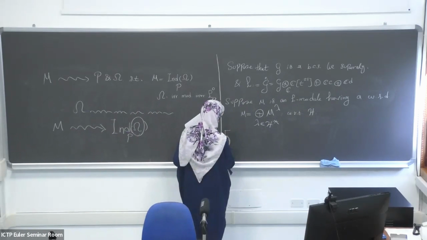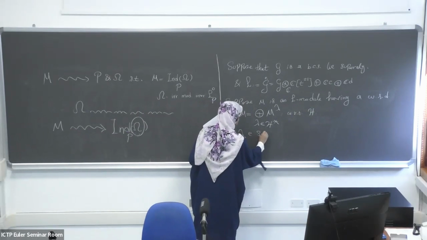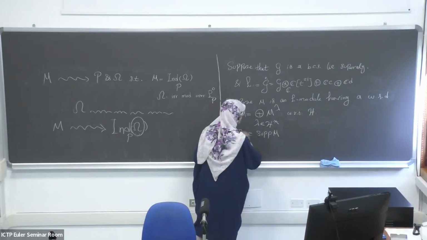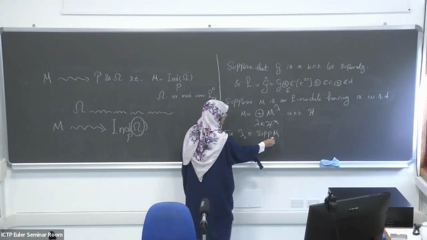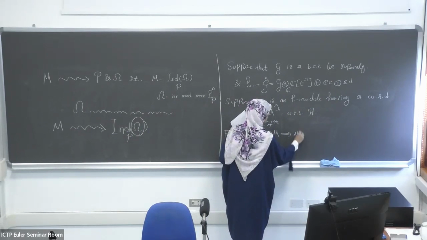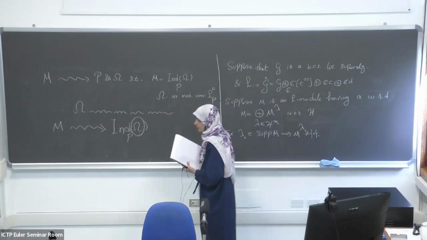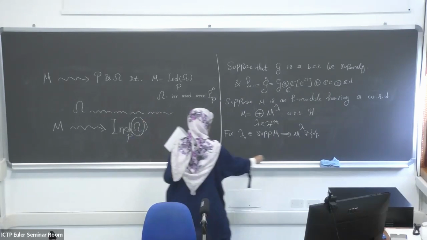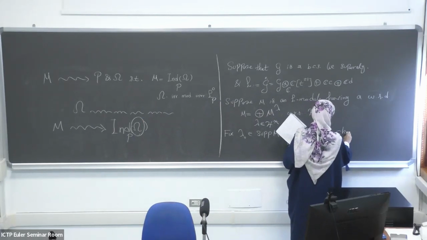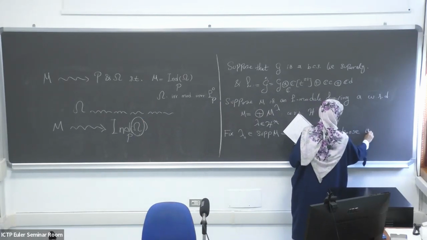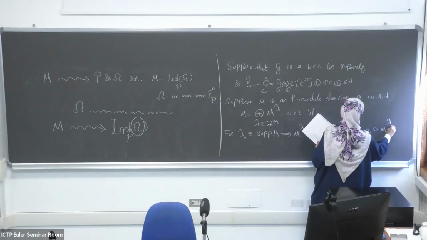Okay. Fix lambda 0 belongs to support of M, right? When lambda 0 is an element of support of M, we get that M lambda 0 is not 0. So we can choose V0, a non-zero element of M lambda 0.